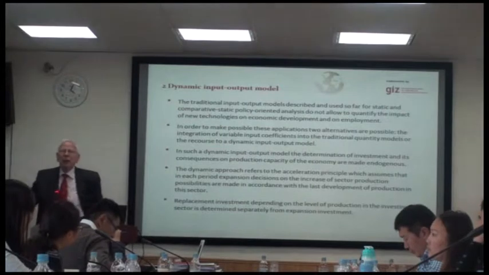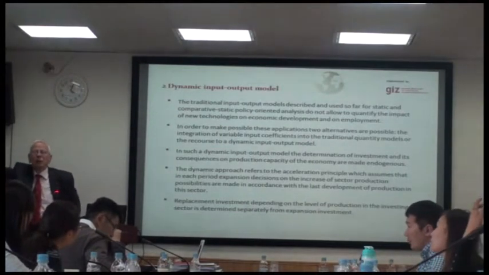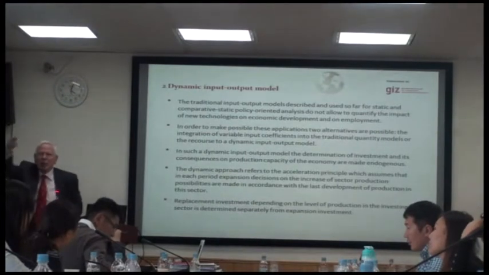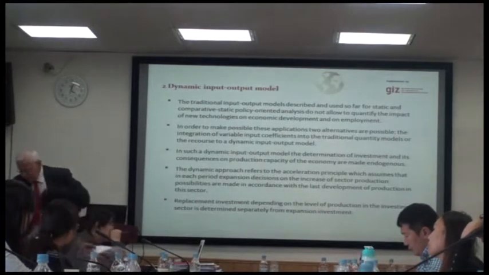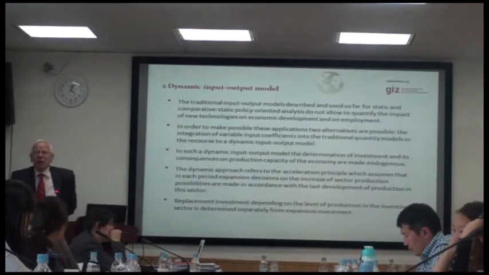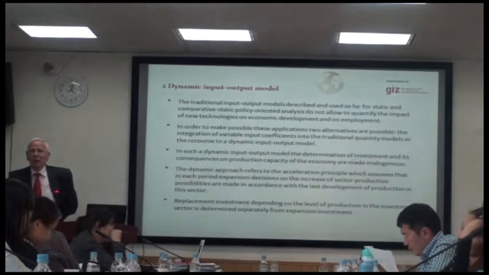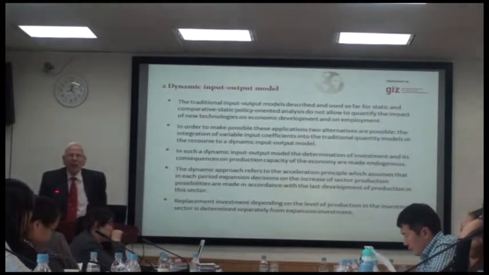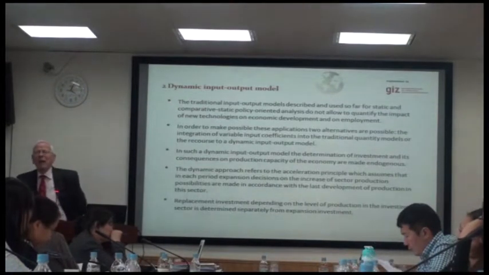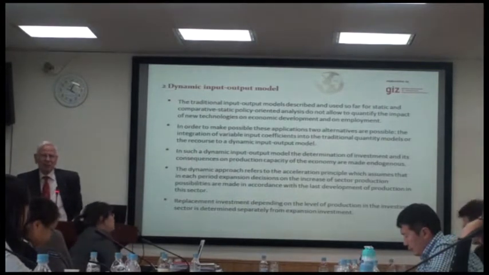You are not using the investment column in the second part of your input-output table; you make this endogenous in your input-output model, and you have not only what I mentioned to you, the so-called Keynes multiplier effect, you have also the so-called accelerator effect. Because the accelerator means that you also have an impact on the capacity by using the investment.